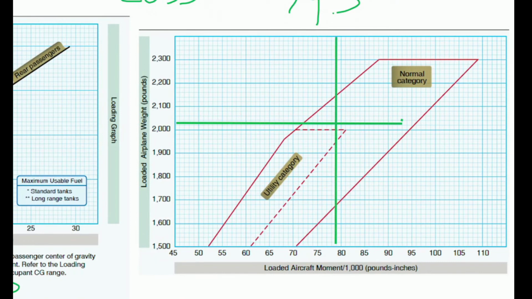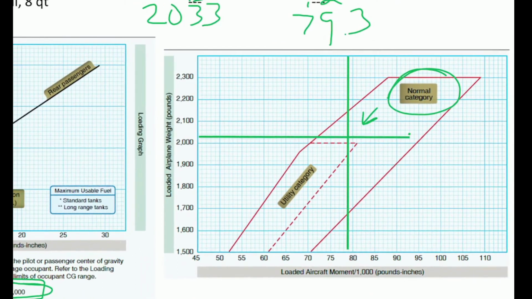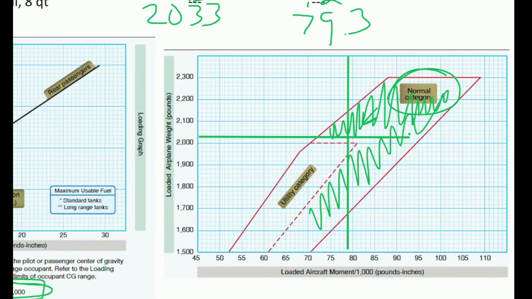And right where it intersects, right there, is in the normal category. So the answer: its loaded moment is 79.3, and it's in the normal category. Anywhere in this area will be the normal category. Anything in this area would be the utility category.